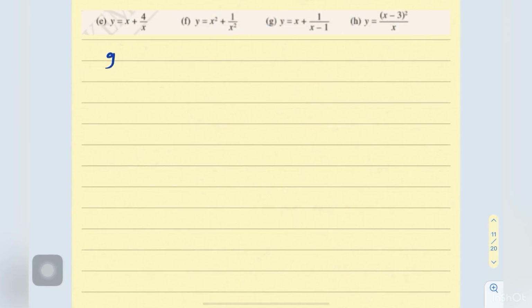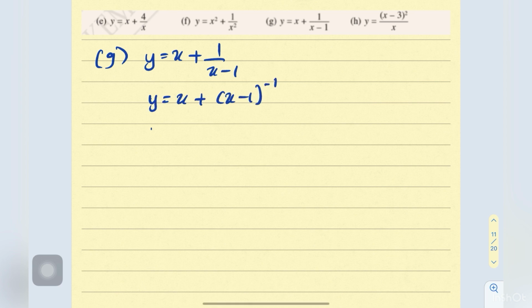Question g. Okay, y is x plus 1 over x minus 1. For the turning point, dy/dx equals 0, so we differentiate. Before that, we can simplify first. So dy/dx is 1 minus, this one is the power rule, power of negative 2 times 1.